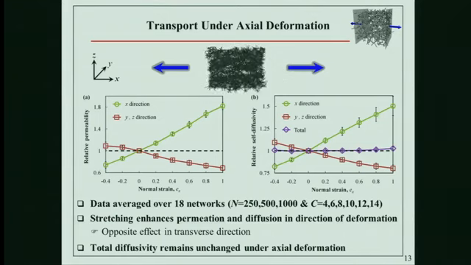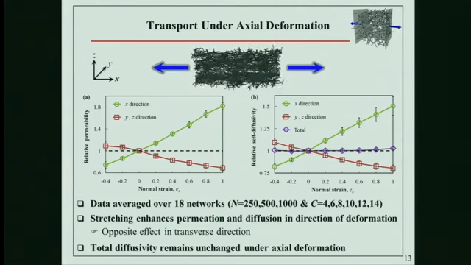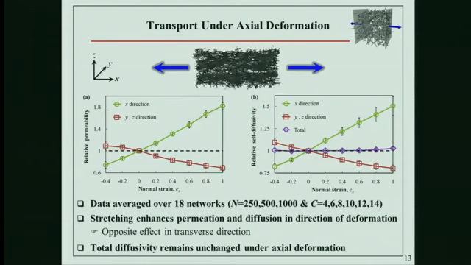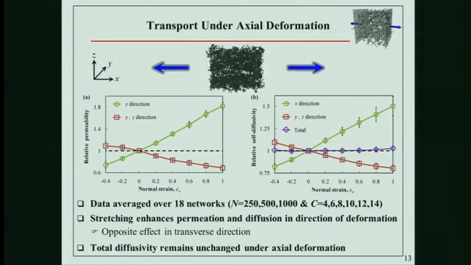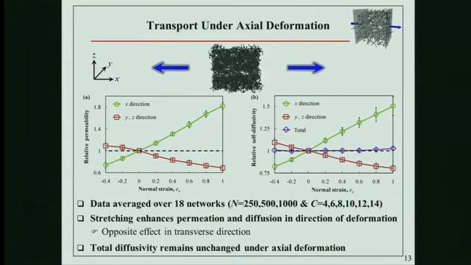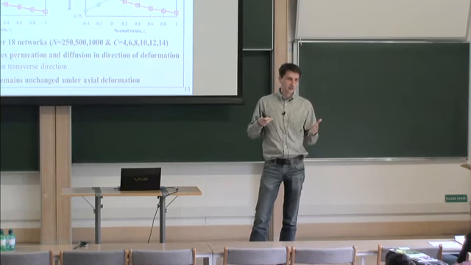What I show here is permeability, normalized by permeability in the undeformed state. Each point is the average of the 18 different networks we modeled.